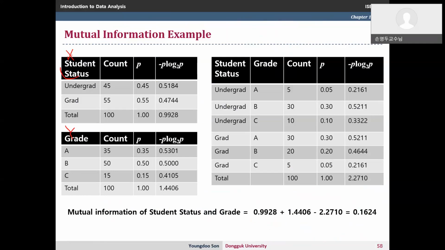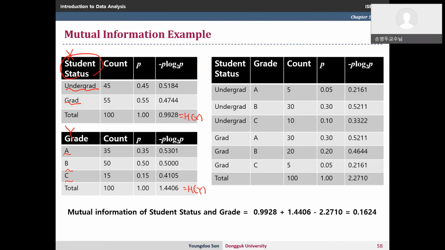The x is the student status, undergraduate or graduate, and y has three possible outcomes, grade A, B, and C. First, we can calculate the entropy of x, H(x), like this, and H(y) is like this.